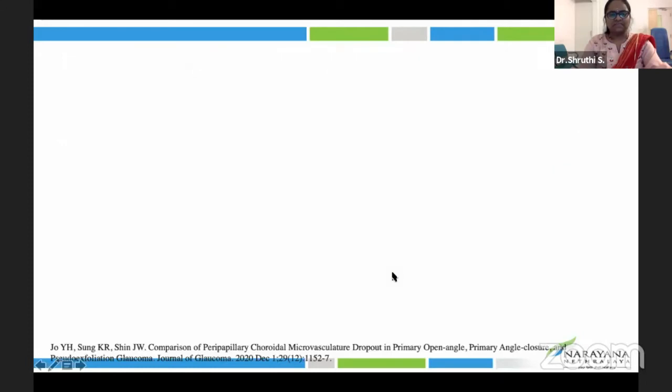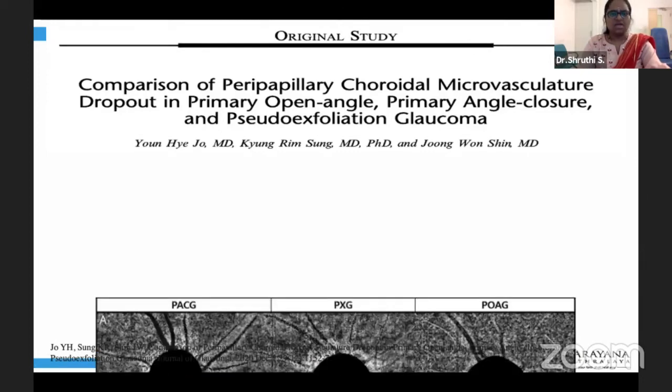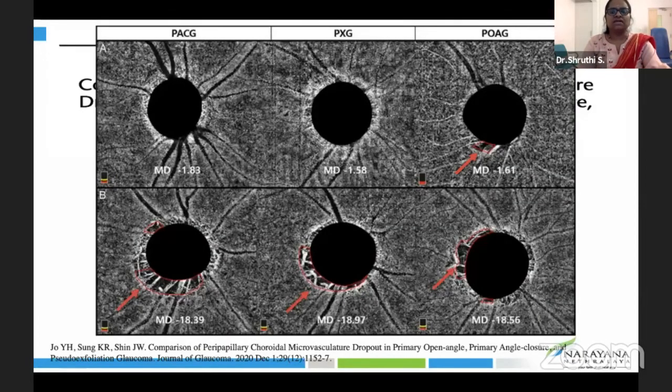So this is one of the recent studies by Joe et al., who compared peripapillary choroidal microvascular dropout in primary open angle glaucoma, angle closure glaucoma, and pseudoexfoliation glaucoma, and found that choroidal microvascular dropout is significantly present in POAG patients in early glaucomas compared to PACG and PXFG, but there is no difference in moderate to severe disease in any type of glaucoma.